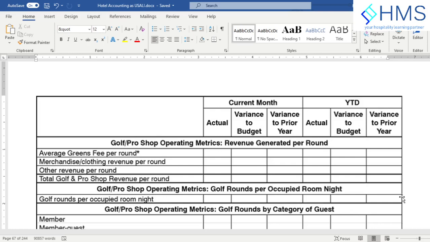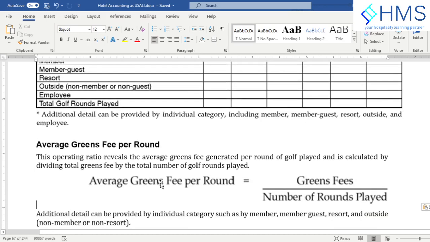For some of the operating departments, like for example the golf course, it is usually recommended to get other metrics such as revenue generated per round. So that means how much is the average green fee we have calculated per round, merchandise per round, other revenue per round. The round means how many rounds the guests are playing.